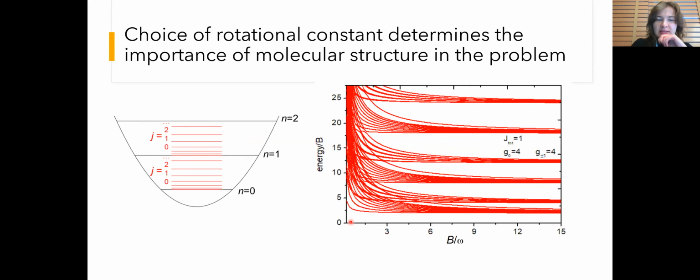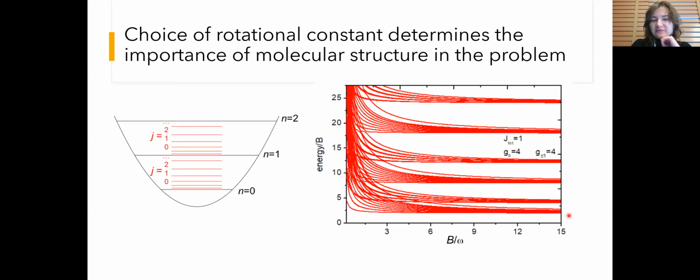If it's small, then before you encounter the next harmonic level, you have many rotational states. So all the physics coming from the molecularity of the system is really enhanced.